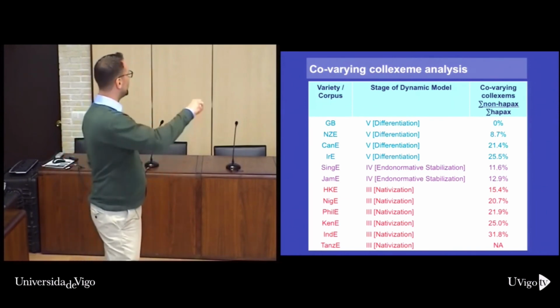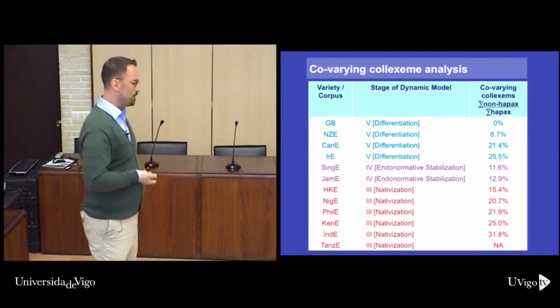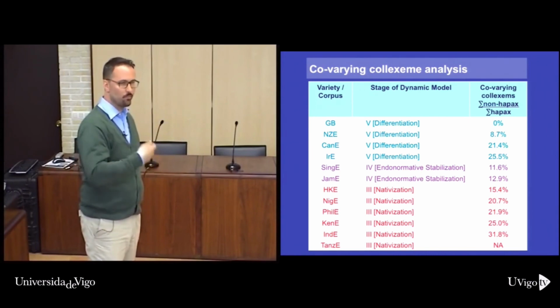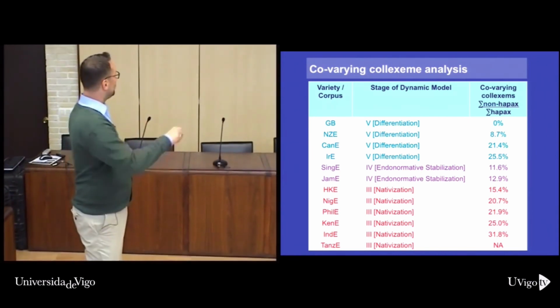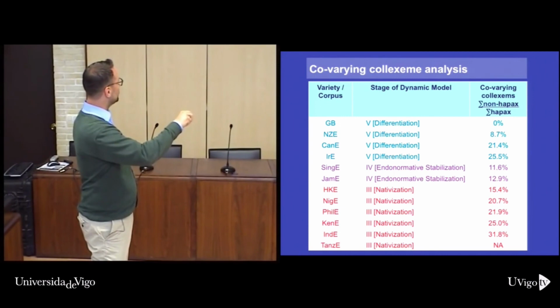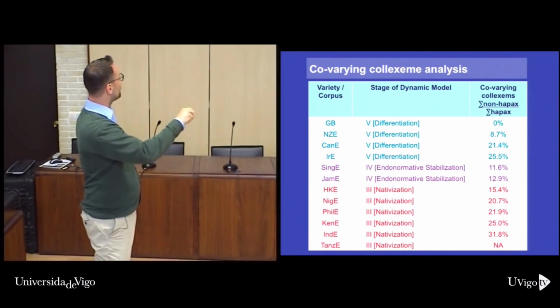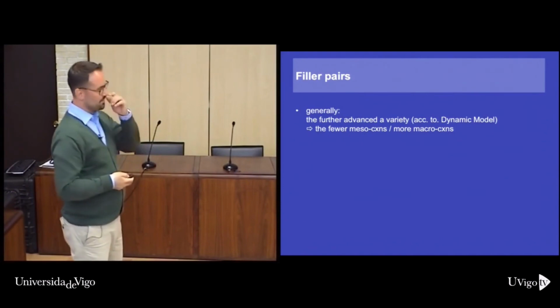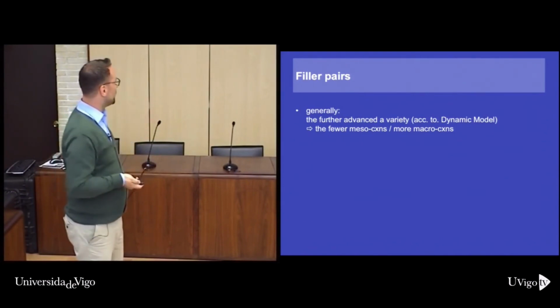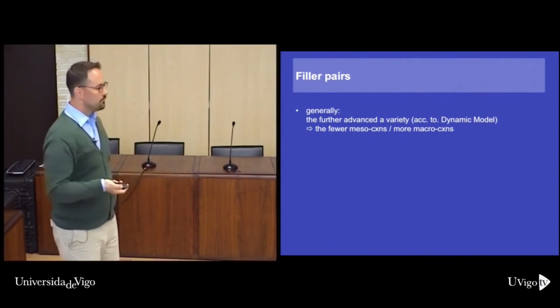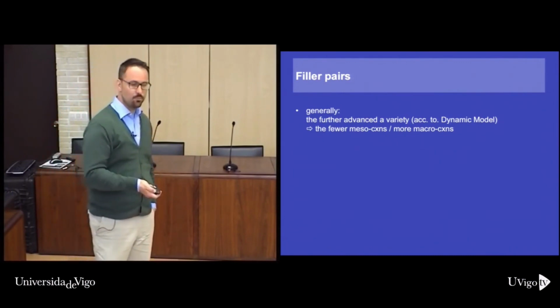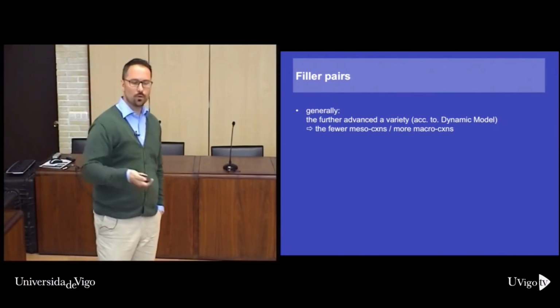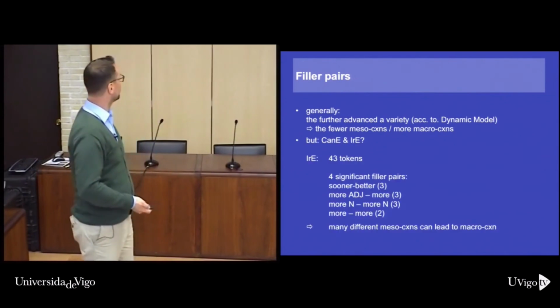And if you're a stage 5 variety, you rely more on the more abstract template because you can create many new instances. But there is obviously the fact that these in-between ones are problematic, the Canadian and Irish English ones. But generally, I would argue that the further advanced a variety is according to the dynamic model, the fewer mesoconstructions it needs, because of more input, more use, more reliance on macro constructions.